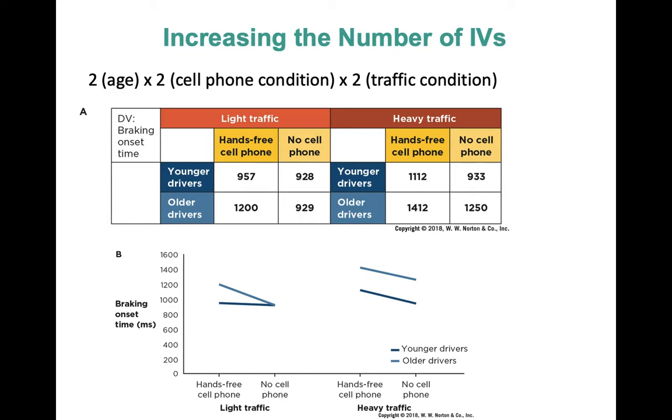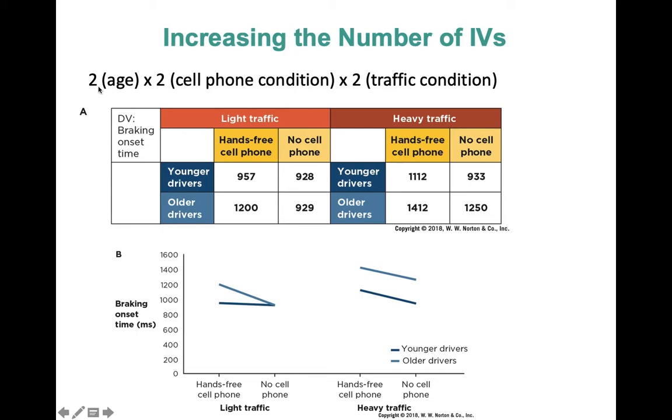Suppose in the study the researchers had decided to add a 3rd independent variable of traffic condition, and it had 2 different levels, either light traffic or heavy traffic. So now what we have, simplifying, just going back to the hands-free versus no cell phone, we've got a 2x2x2 design.